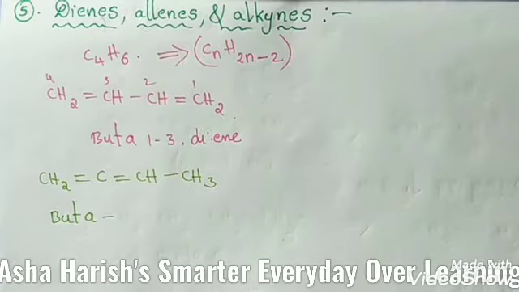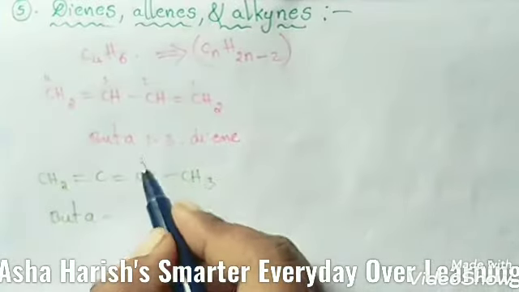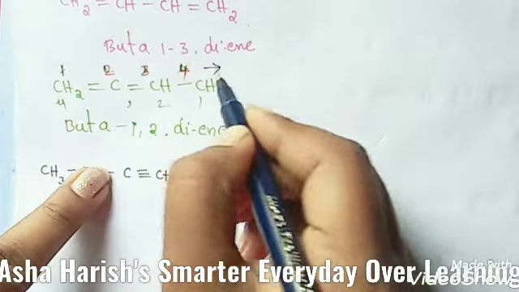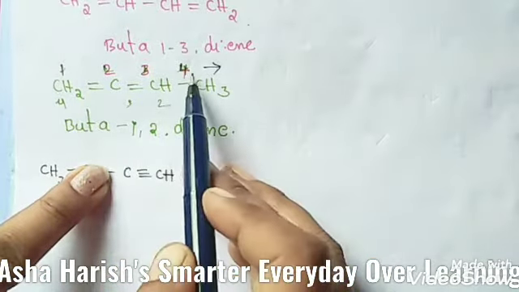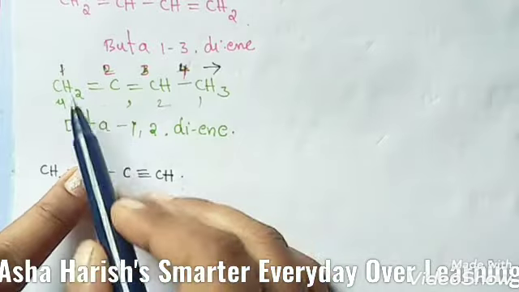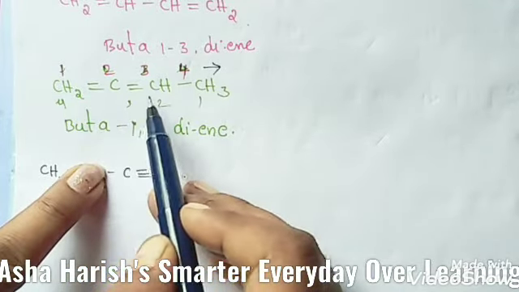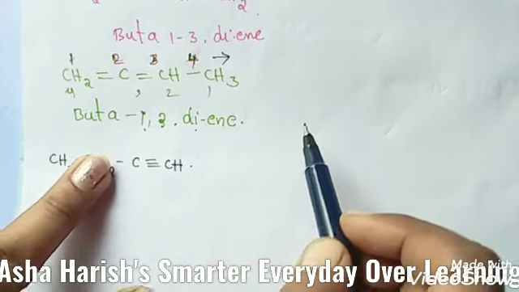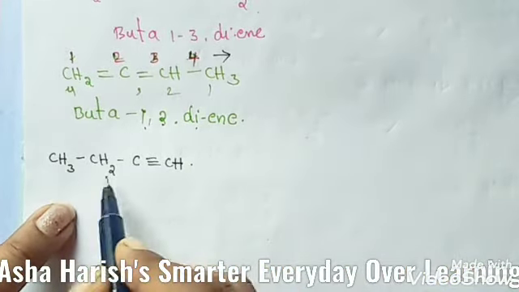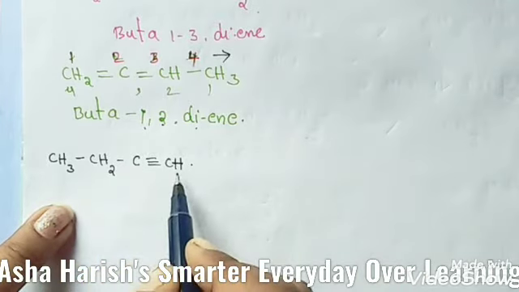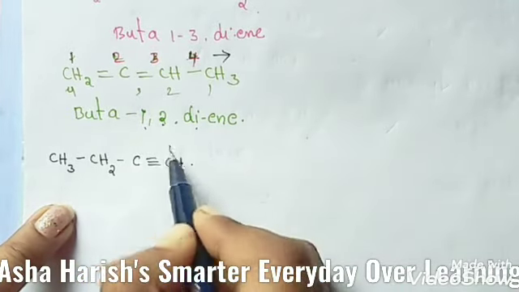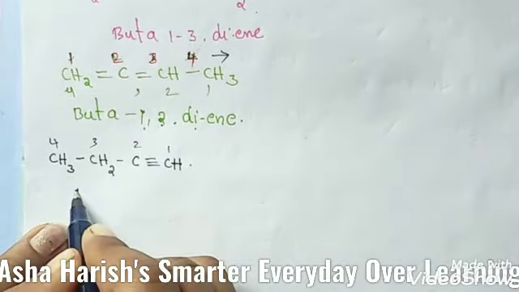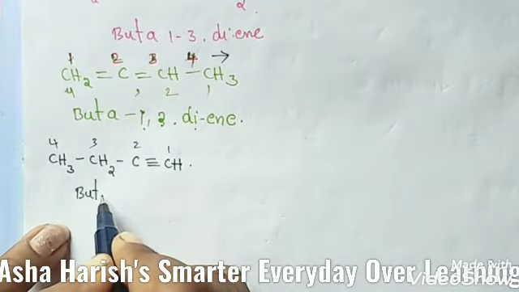While giving numbering from left to right, 1, 2, 3, 4, the 2 double bonds are located at the first carbon and second carbon, so the name is 1,2-diene. Then you shall see the next example, CH3, CH2, C triple bond CH. To this triple bond you have to give first priority while numbering this compound. Here also there are 4 carbons, so but.